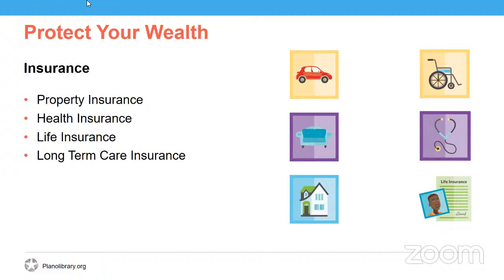Other insurance available includes life insurance and long-term care insurance. Like with investing, taking on debt and other matters, it's important to do your own research to determine the best options for you and your family.